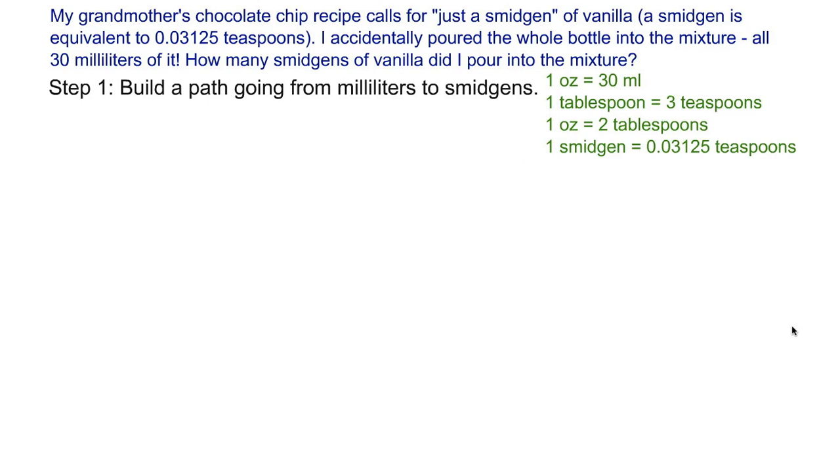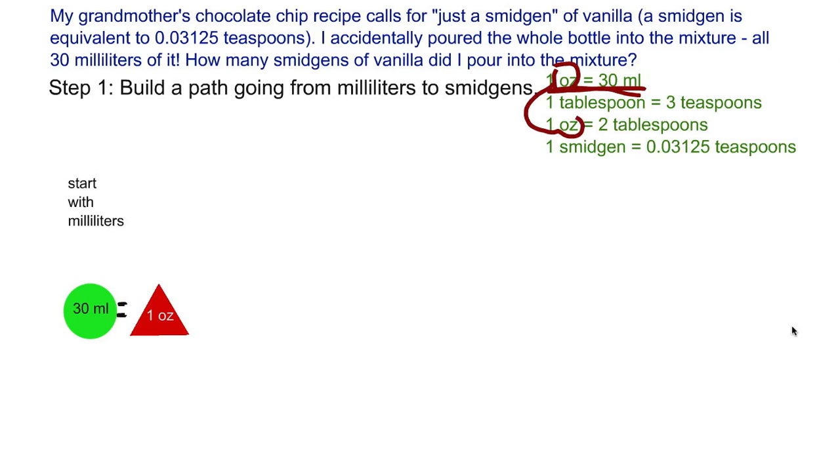Our first step is to build the path going from milliliters to smidgens. Why do we start with milliliters? Because milliliters is given to us in the problem. So that's what we're going to start with. 30 milliliters equals 1 ounce. Now, ounces are going to connect with ounces.